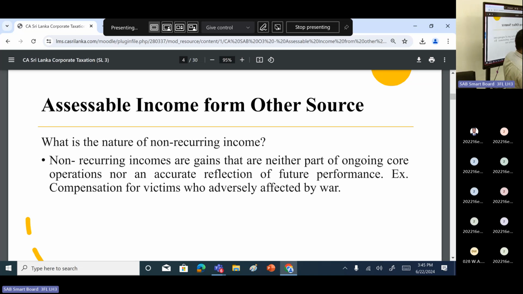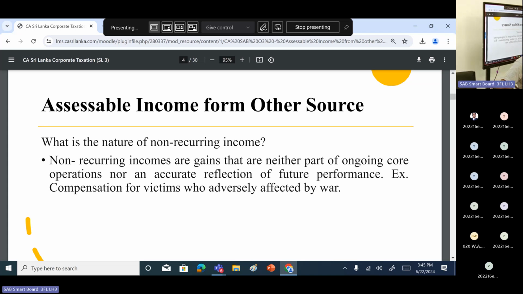Sections 5, 6 and 7 discuss in detail how to work out each income source: in the case of employment income, what should be included and what should be excluded. There is some income which, even though it falls under employment income, we need not consider when we work out the assessable income.